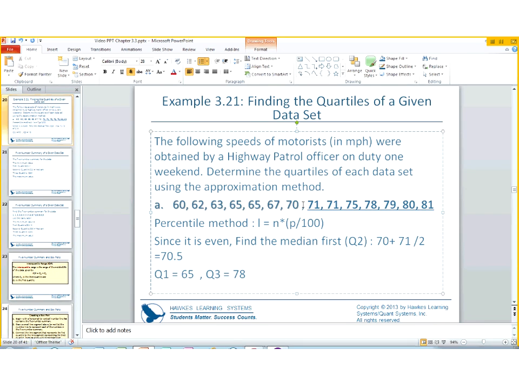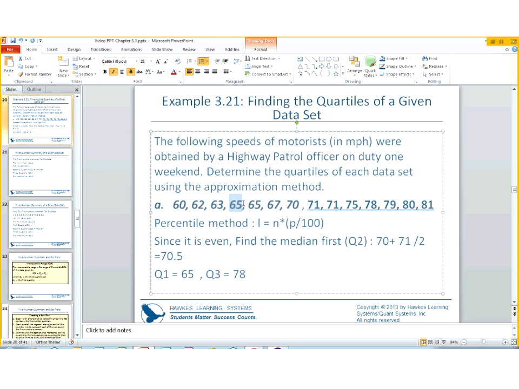Because I created that number, what I need to do is include my 70 in my lower quartile. So if I do that, I have 60, 62, 63, 65, 65, 67, and 70 to choose from. What I do is look for the middle value of that range, and I'm going to highlight this range in italics.